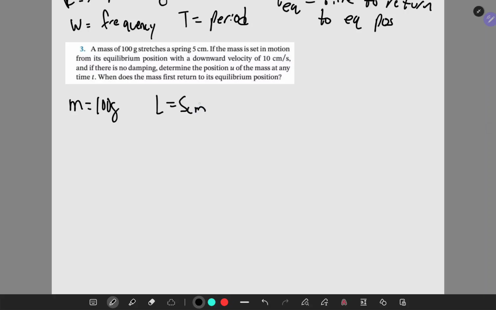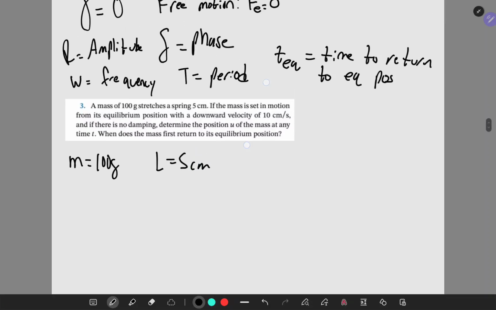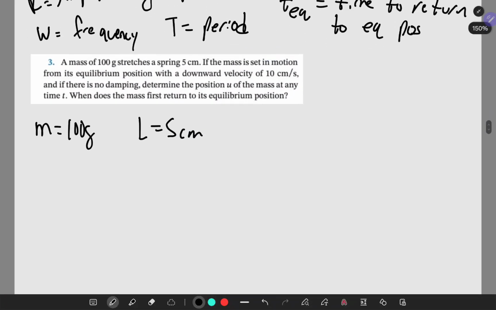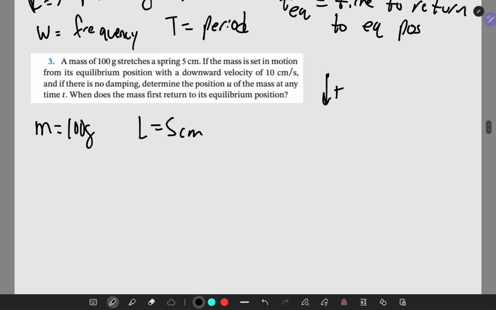If the mass is set in motion from its equilibrium position with a downward velocity of 10. Now remember, the spring is getting bigger. So that downward velocity is increasing the size of the spring, so we're going to have a positive velocity. That's how I like to think of it. Down is positive, up is negative.